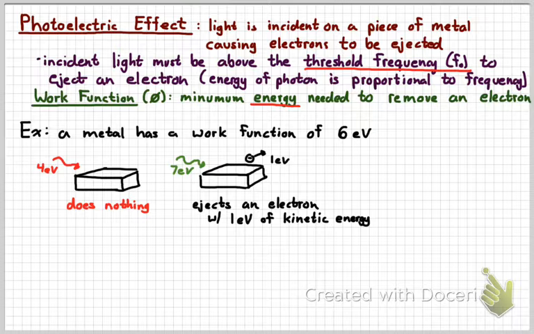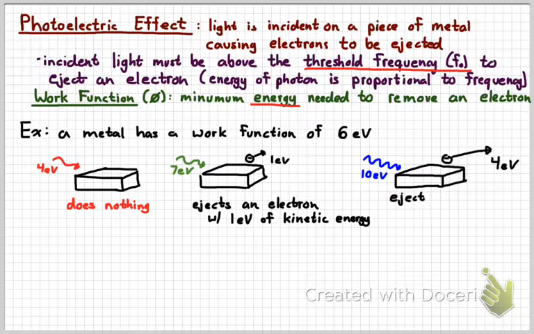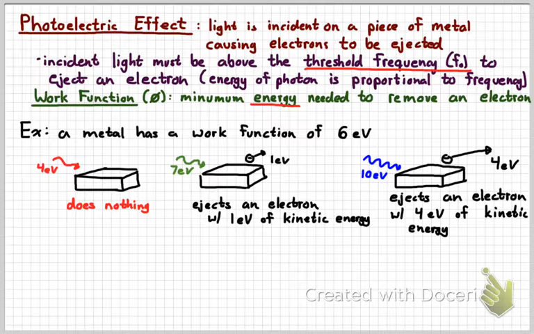And so 7 electron volt light will eject an electron with an energy of 1 electron volt. If you shine 10 electron volt light on that same piece of metal, it'll eject an electron with 4 electron volts of kinetic energy. So all the leftover energy of the light goes into the kinetic energy of the electron as it moves away.